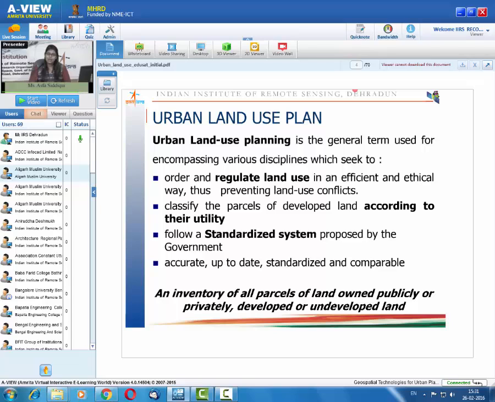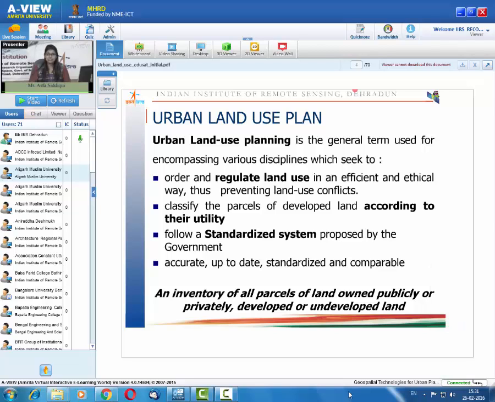Third, while preparing a land use plan, we need to understand that a standardized pattern or a standardized system has to be followed before delineating a land use pattern. If I am following one land use plan pattern and some other government is planning for some other land use pattern, the two will not be in sync and all planners will not come to a consensus and understand the land use map.